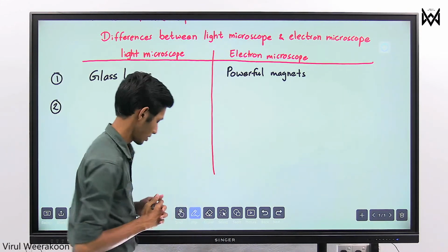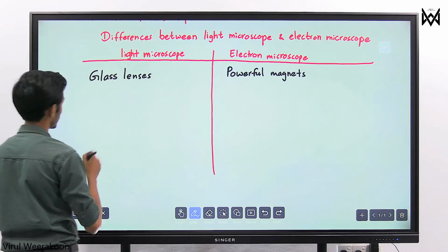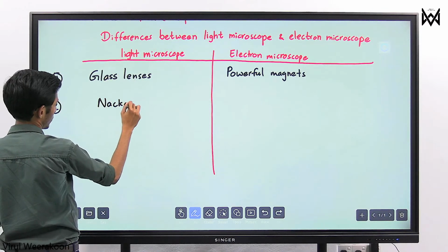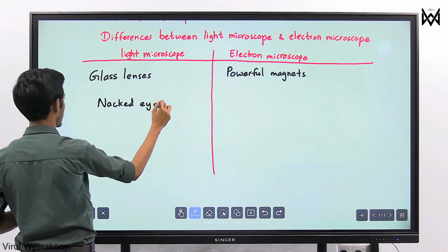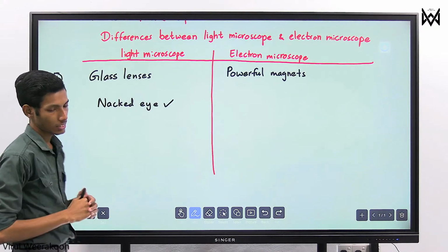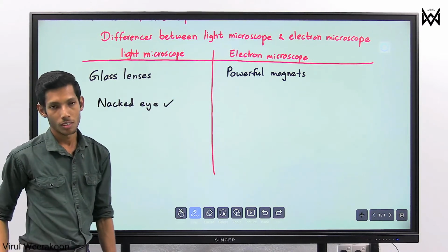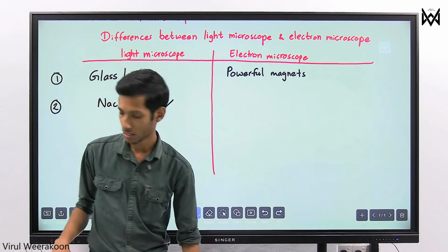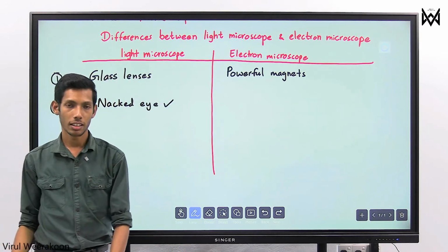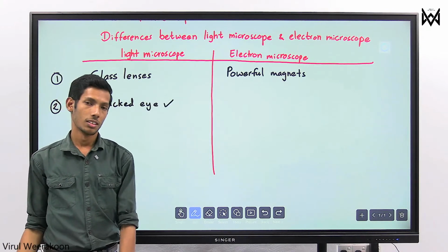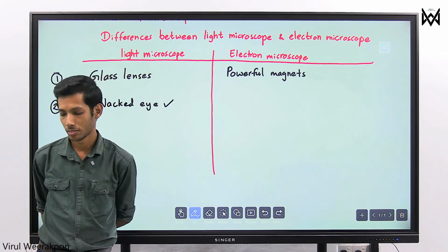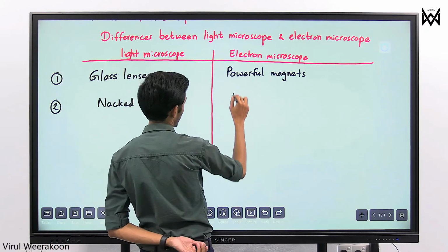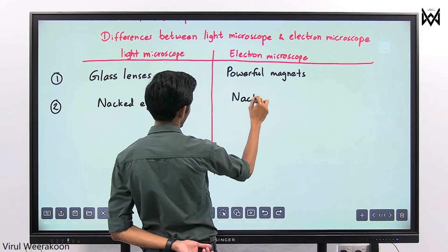On the electron microscope side, write down: not directly detected by the naked eye.